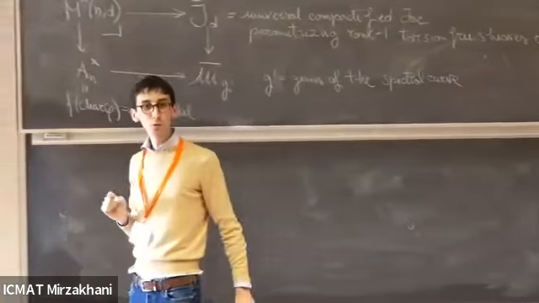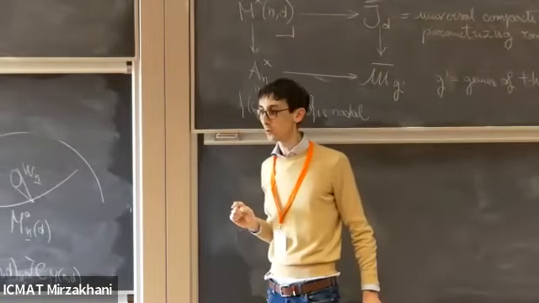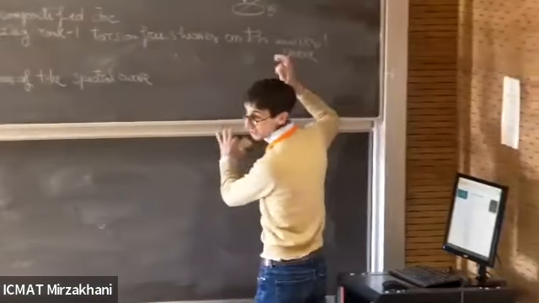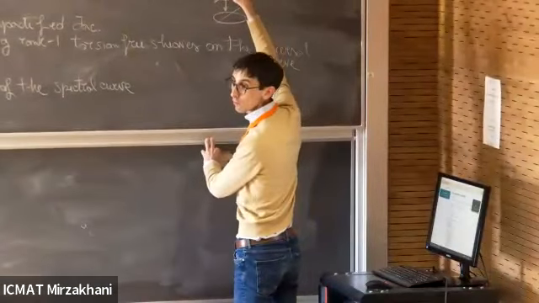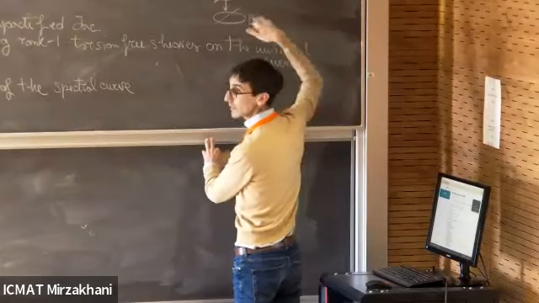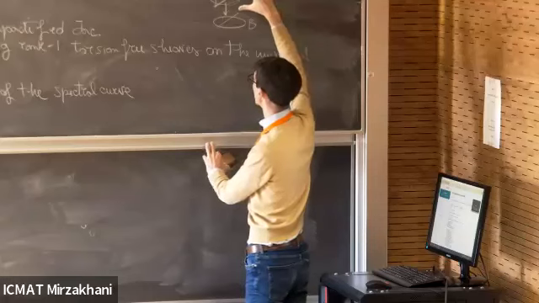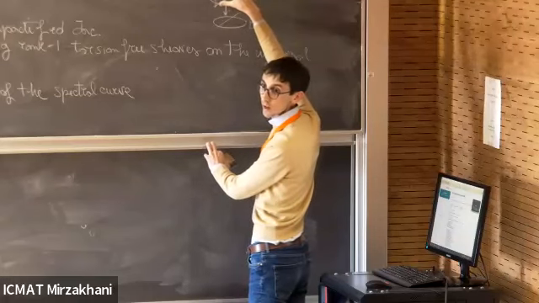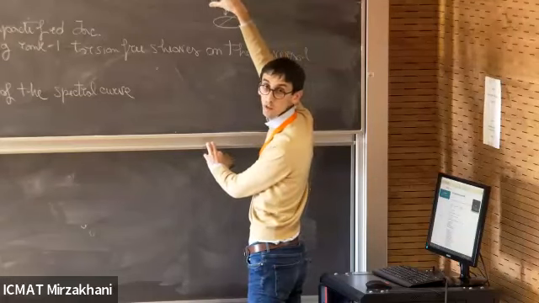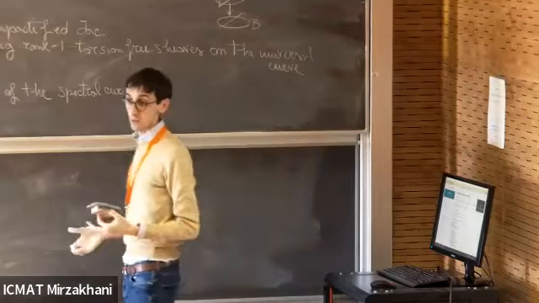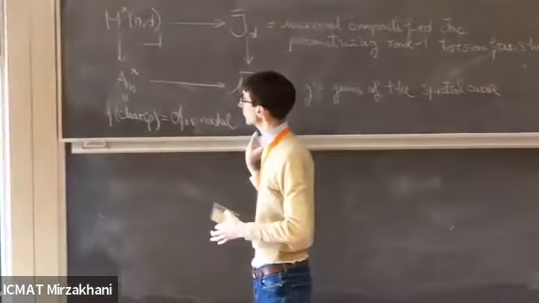Why? Because we want to use the formulas of Ngô and Chaudouard that I told you work essentially when the dimension of the fiber is smaller than the dimension of the base. In this way, with this enlargement, we haven't touched the dimension of the fiber. The fibers are still compactified Jacobians. The dimension doesn't change, but the versal deformation is much bigger.